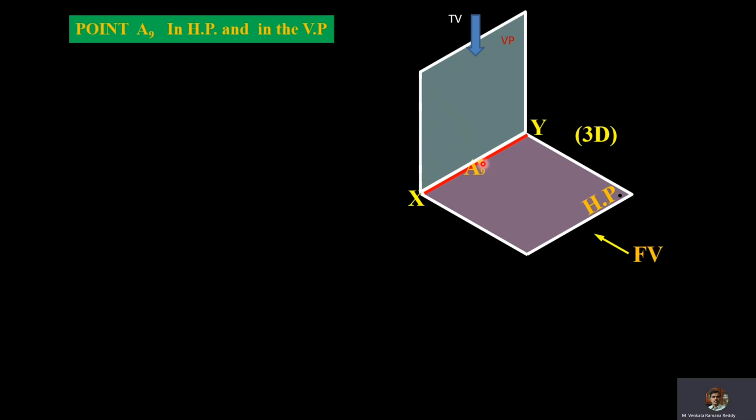Because distance from the horizontal plane is 0, that's why A9 dash is on the XY line. And distance from the vertical plane is 0, that's why A9 is on the XY line. Both front view as well as top view fall on the XY line.